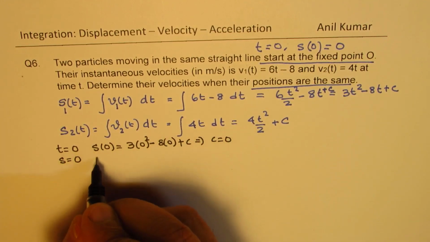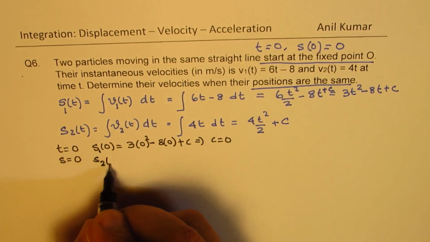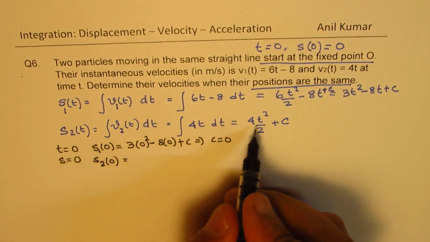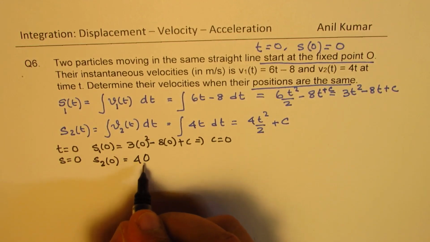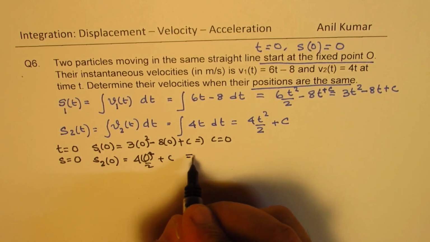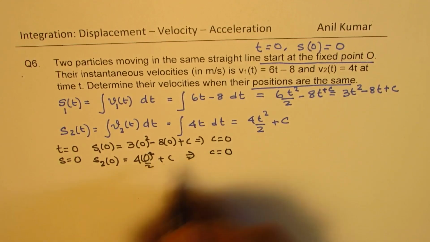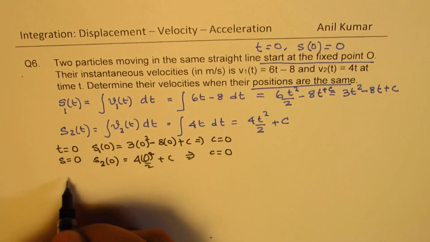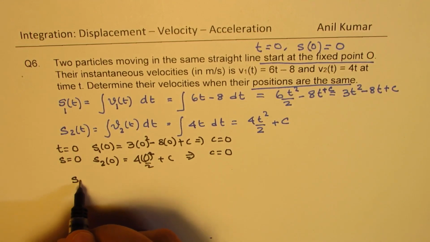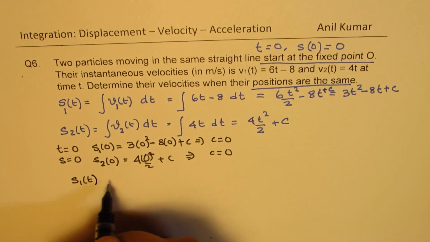And in the second case also, it is 4 times 0 squared over 2 plus c. So that also gives you c equals 0, right? So clearly we have our displacement for the first particle.